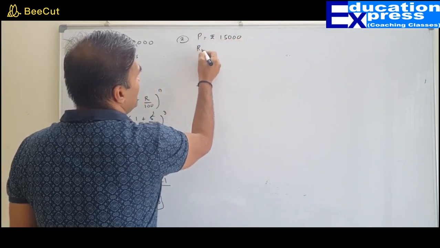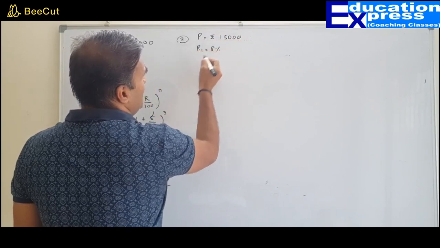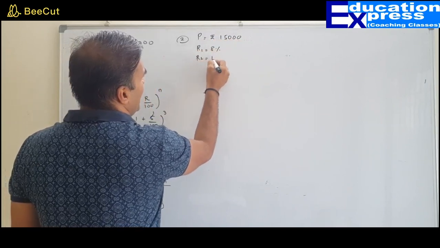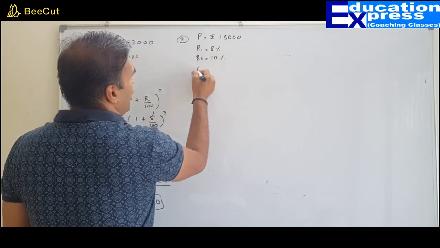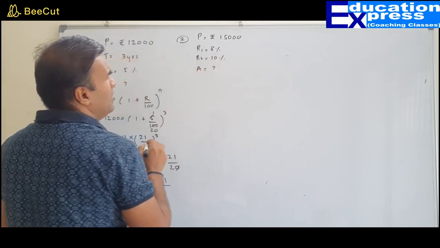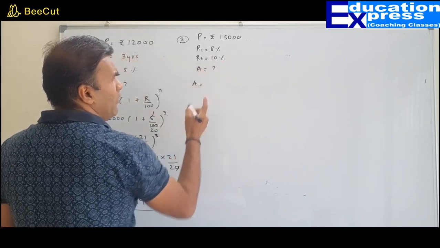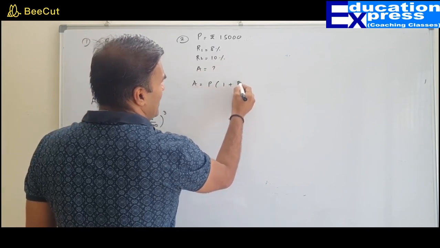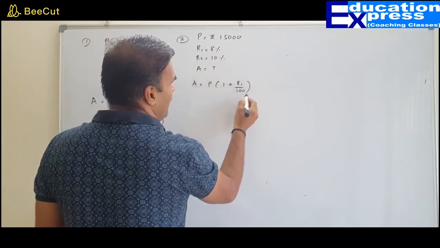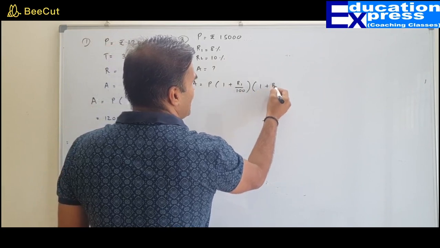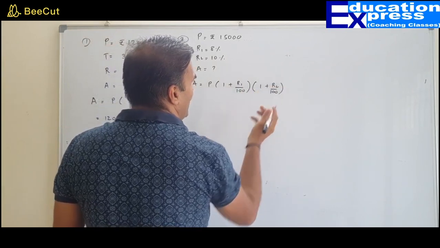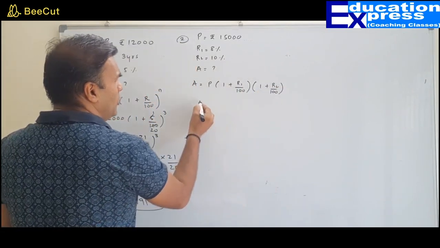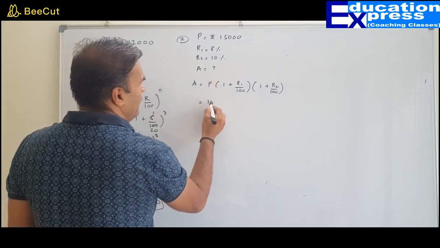What about the rates? Rate for the first year is 8%, rate for the second year is 10%. What do you have to find? Amount. Again, simple formula. What has been given to you? P (1 plus R1 upon 100)(1 plus R2 upon 100). That's it. Automatically you will get the answer.